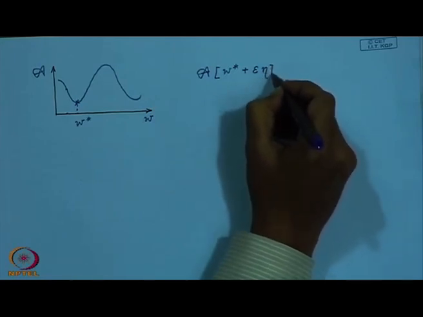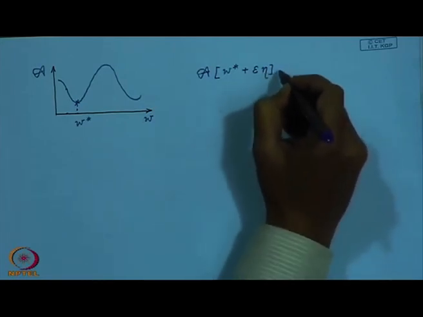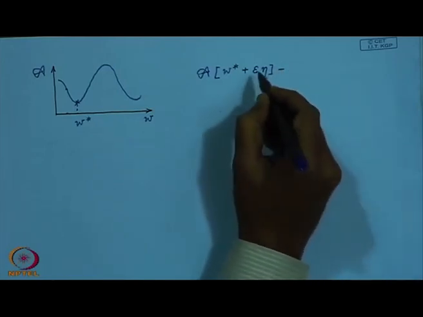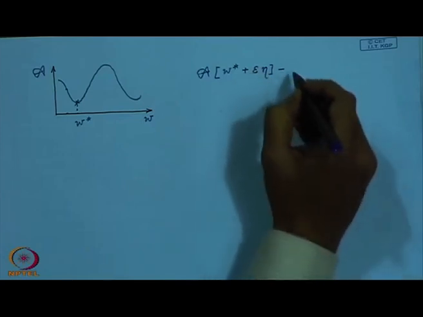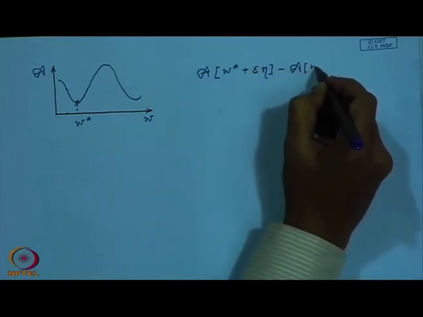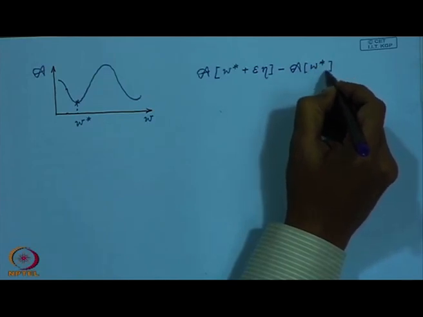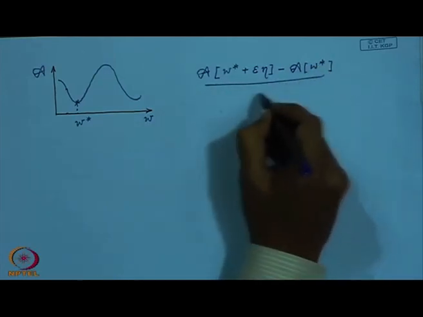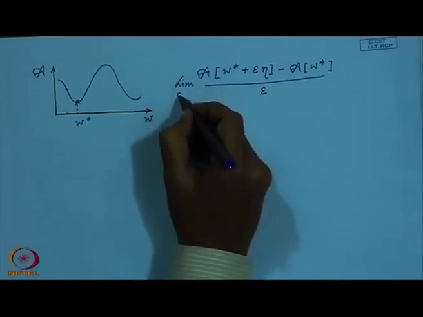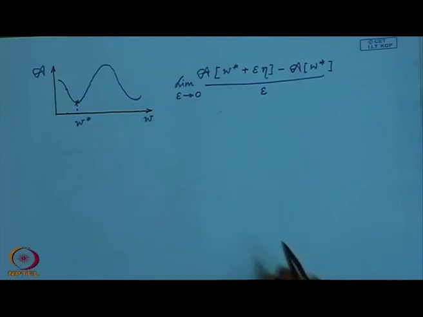I can perturb this with another function eta and a small quantity epsilon, and take the difference, divide by epsilon and take the limit epsilon goes to 0.